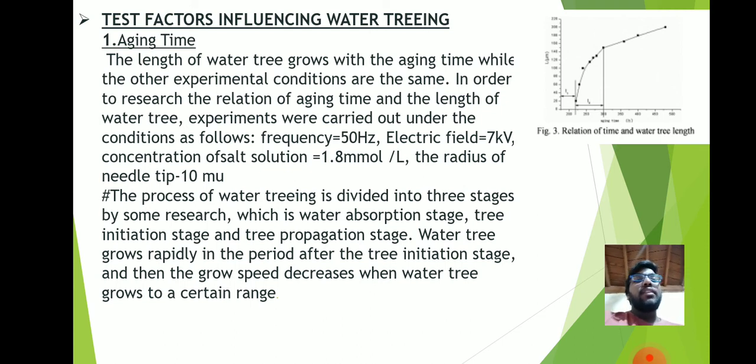The first test factor is aging time. The length of the water tree grows with the aging time, while the other experimental conditions are the same. With the increase in the aging time, the length of the water tree also increases.